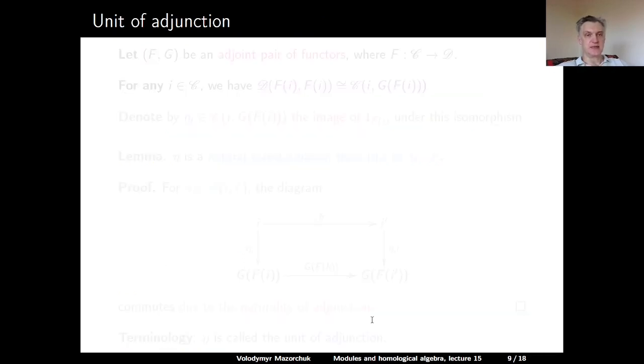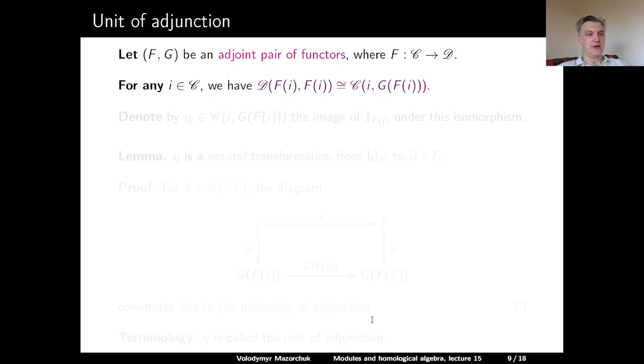Next, let us discuss a special natural transformation which exists for any pair of adjoint functors, which is called the unit of adjunction. Let (F, G) be an adjoint pair of functors where F is a functor from C to D. Then, for any I in C, we have an isomorphism between the set of all morphisms in D from F(I) to F(I), and the set of all morphisms in C from I to G(F(I)).